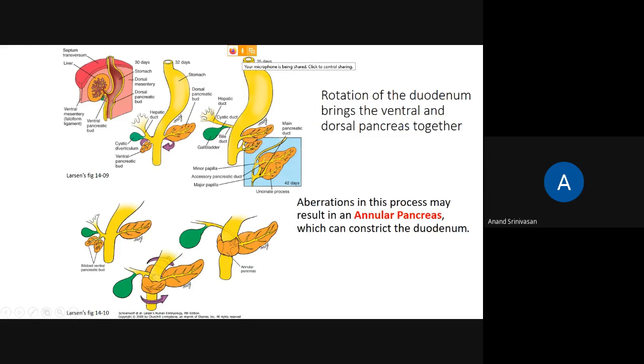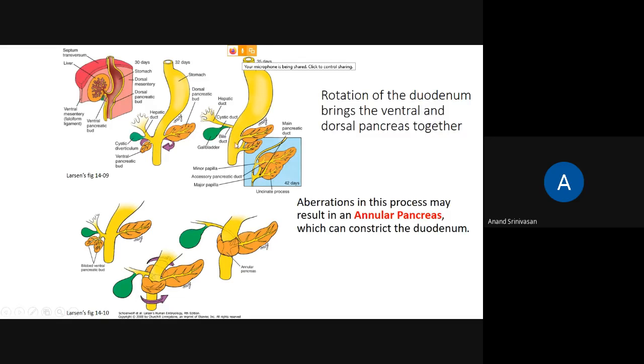Another thing you need to observe is that the dorsal pancreatic bud has an opening. The dorsal pancreatic duct secretions open into the duodenum. The ventral pancreatic duct and the common bile duct also open into the duodenum.